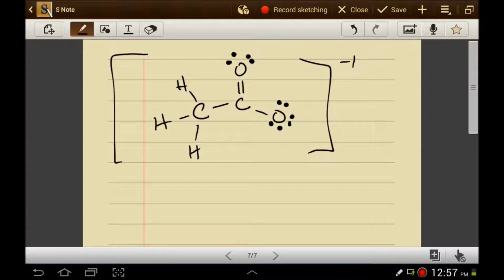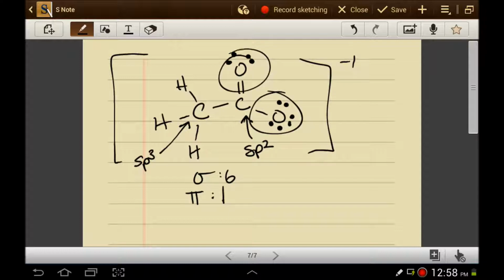The acetate ion has 6 sigma bonds and 1 double bond, 1 pi bond. The hybridization of the carbon here is sp3 because it has 4 sigma bonds, and the hybridization of the carbon here is sp2 because it only has 3 sigma bonds. The pi bond doesn't count towards the hybridization.